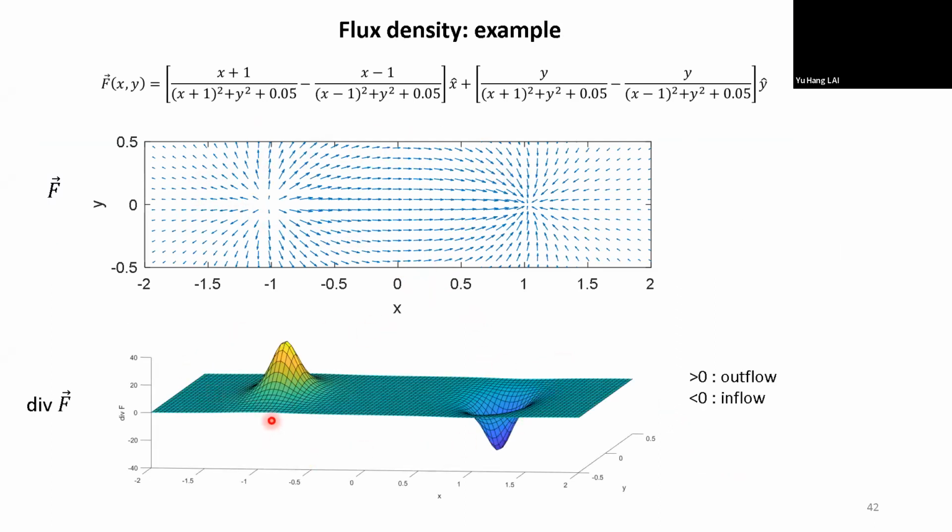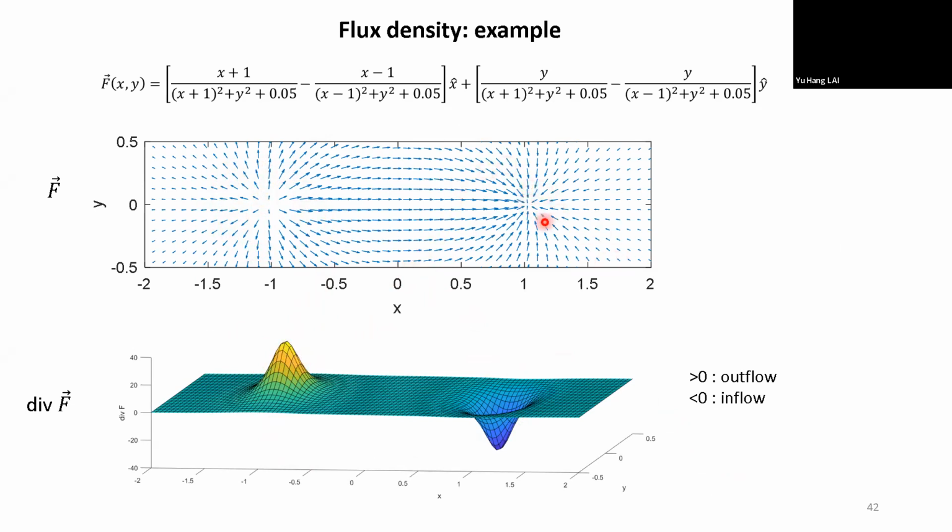If you are in a region nearby a source of outflow, you get positive divergence, or positive flux density.